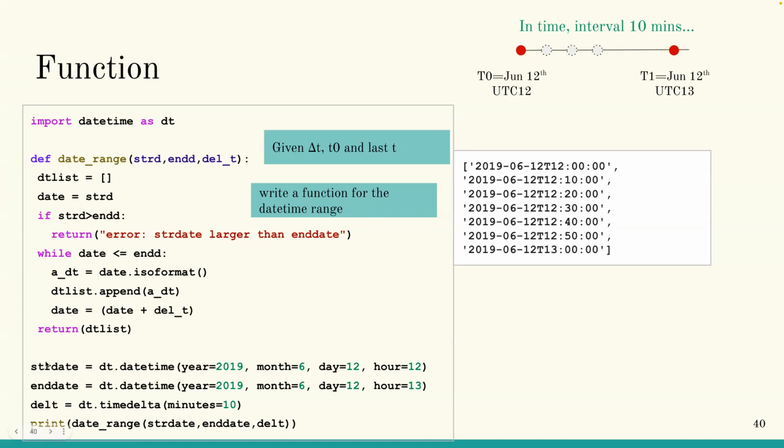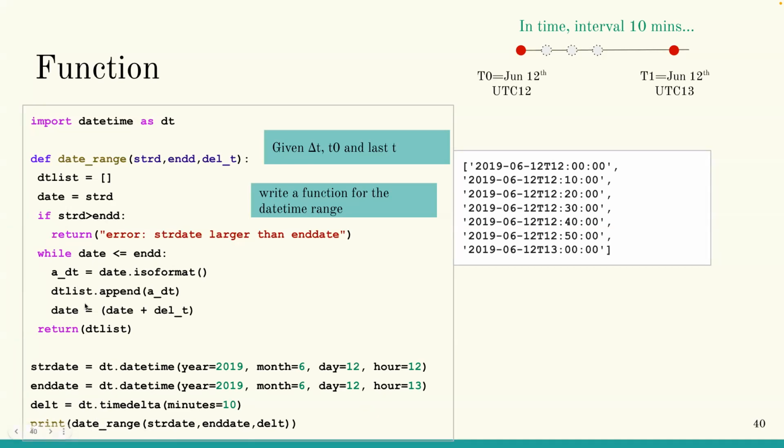Okay, so you have to specify the start time here using the datetime function from the datetime library. Specify the start day, end day, and also delta t. So use the datetime and timedelta functions to set the start time and delta t. And then use this date range function that has been pre-written for you.